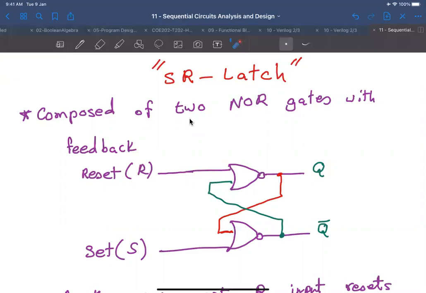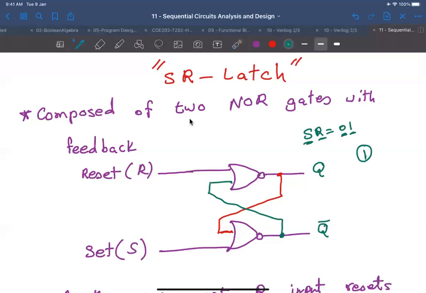So a reset operation means SR is 0, 1. So S is not active, and R is 1. If this is the case, then Q will store 0.